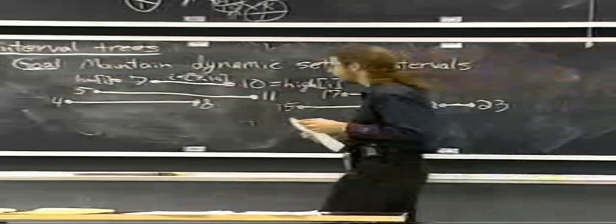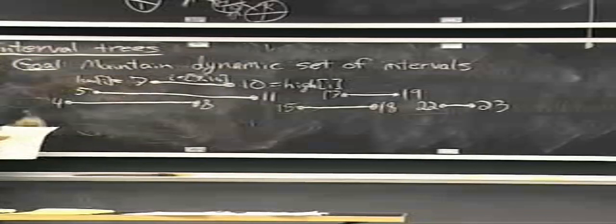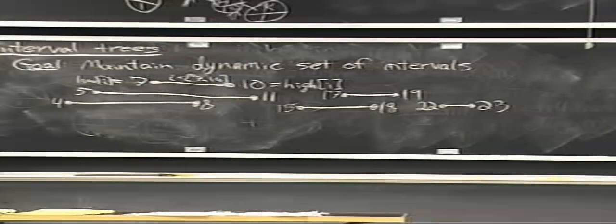Good. So that's a bunch of intervals. I mean, really, these are all on a line, but I'll separate them out so that you can see where they are. And now we want to support some kind of query on these intervals.